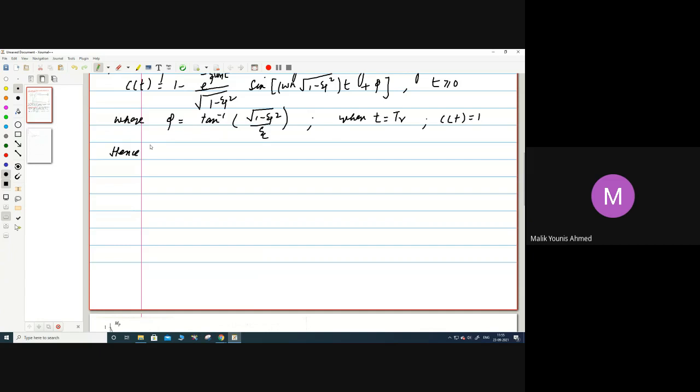From this equation, let's call it equation number 1, we are going to substitute C of t equal to 1.